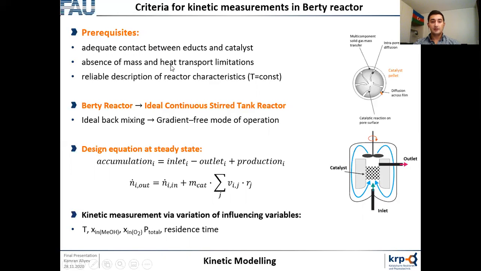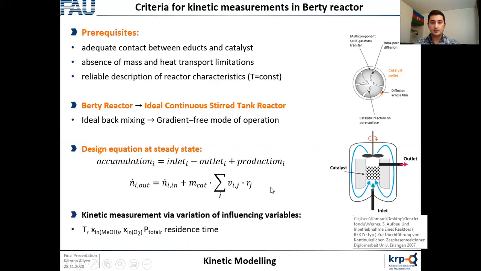In fact, a Berty reactor could be considered as the preferred option, taking into account the requirements, because this reactor contains a high-speed turbine, which draws the feed gas several times through the catalyst bed, thereby facilitating ideal backmixing. And ideal backmixing allows us the assumption of a similar concentration inside of the reactor and in the outlet line.